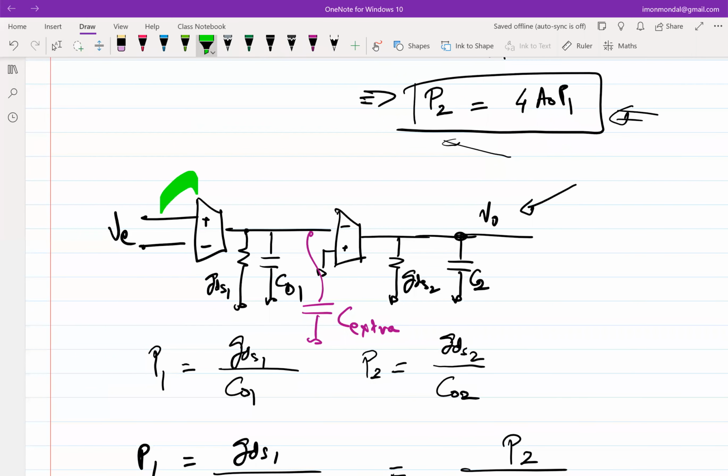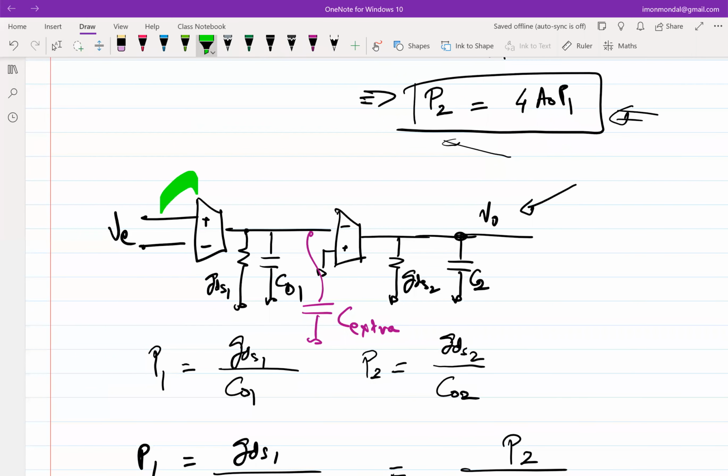And I'm okay with this, since C extra is much, much larger with respect to anything that you have in the circuit, the effect of this C2 will come much later. So what I am trying to get at here is, now I think it will be slightly more clear.